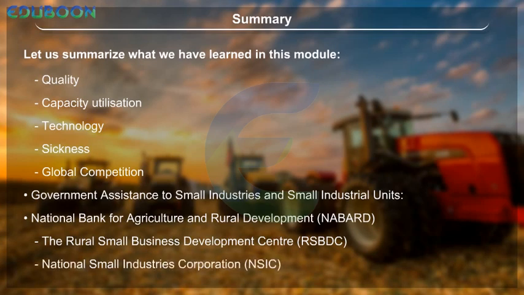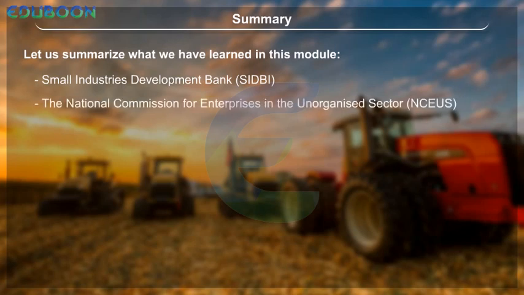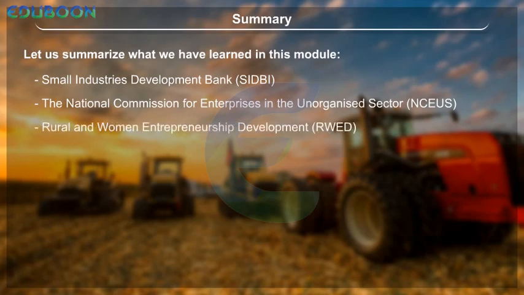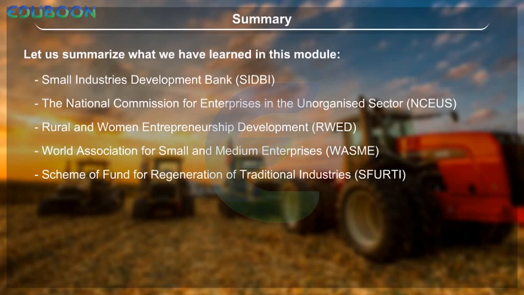National Small Industries Corporation, NSIC. Small Industries Development Bank, SIDBI. The National Commission for Enterprises in the Unorganized Sector, NCEUS. Rural and Women Entrepreneurship Development, RWED. World Association for Small and Medium Enterprises, WASME. Scheme of Fund for Regeneration of Traditional Industries, SFURTI.